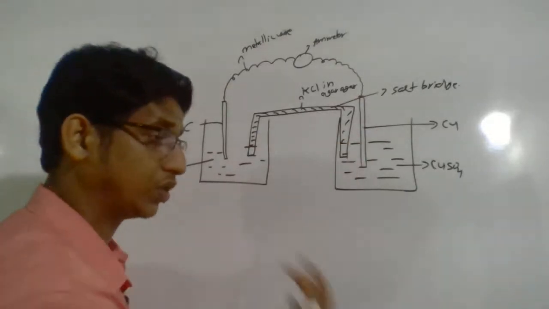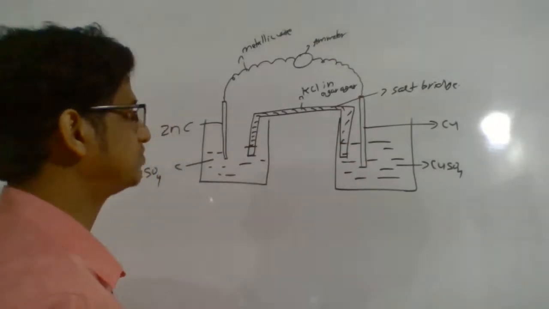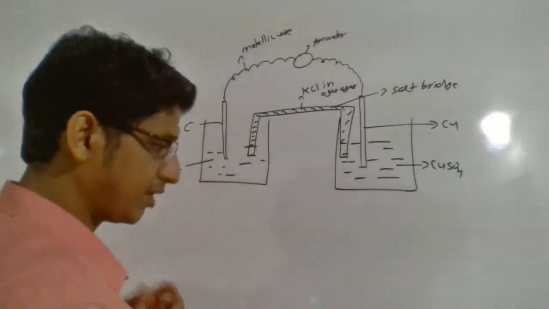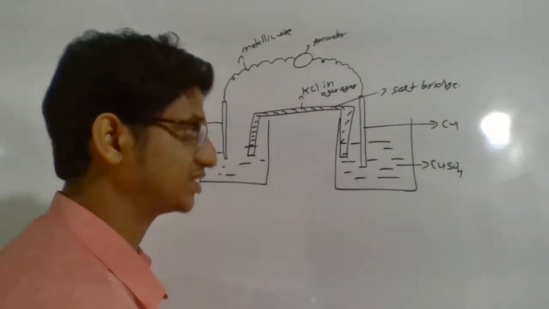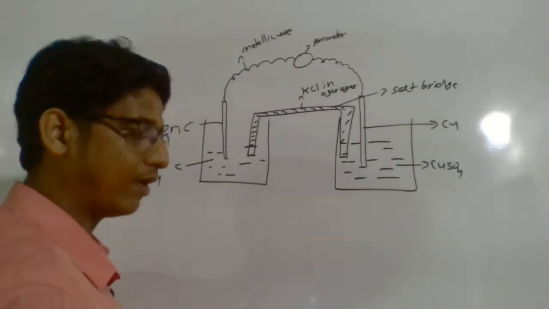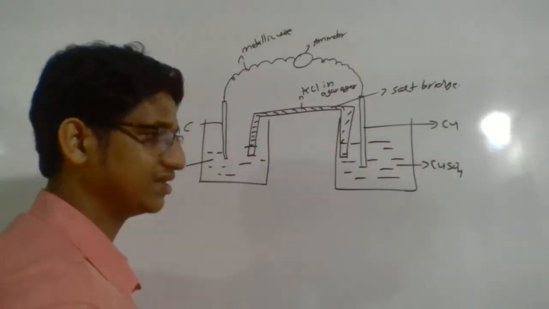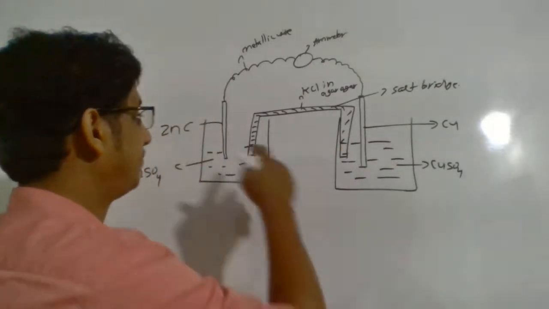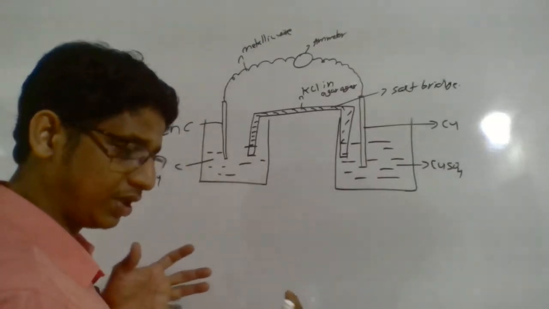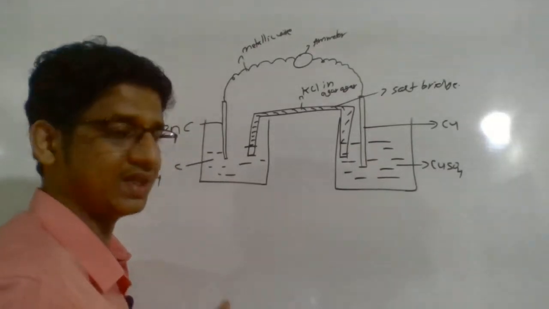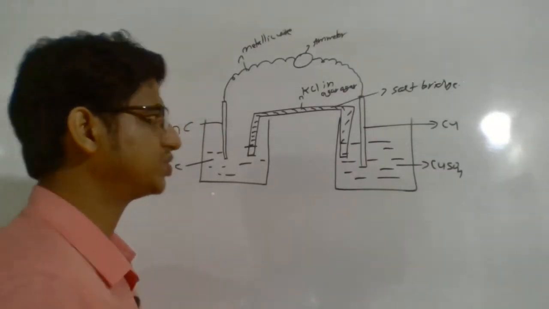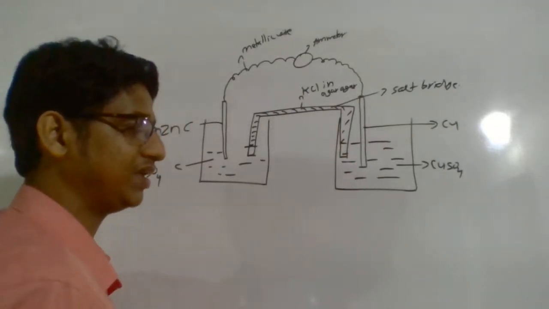Here it is observed that zinc has more tendency to undergo oxidation compared to copper, or if you compare the two, copper has a higher tendency to undergo reduction compared to zinc. So a different tendency will be there. Zinc undergoes oxidation and copper undergoes reduction.